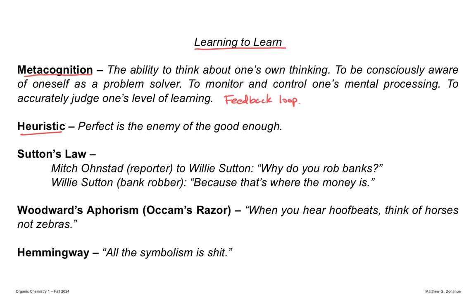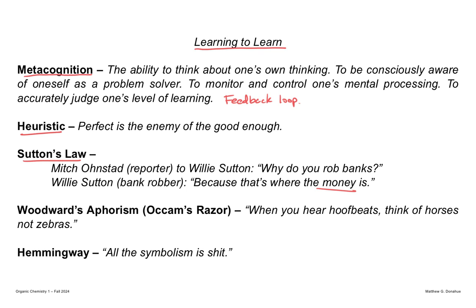Sutton's law. I like this because it gets to the intent. A reporter, Mitch Onstad, asked Willie Sutton, a bank robber, "Why do you rob banks?" And Sutton's response was, "Because that's where the money is." And so that's the most obvious thing, right? There's money, I'm going to go get it.